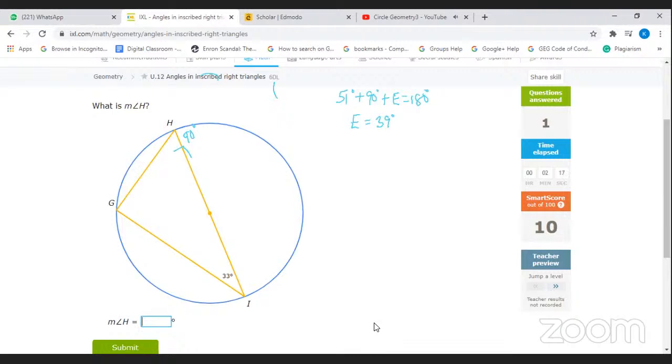I want to believe that you understand that, but let me quickly explain that again. In this case now, this is 180 degrees.